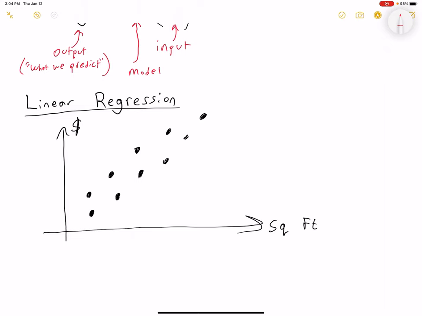What we do in machine learning, given these data, is to learn the line of best fit, and we covered this last class.